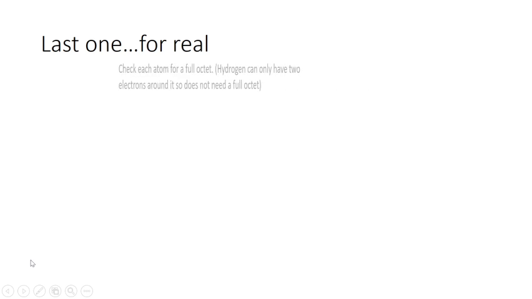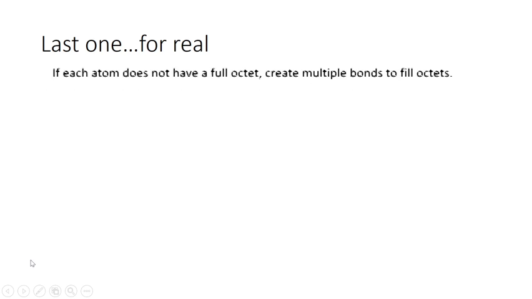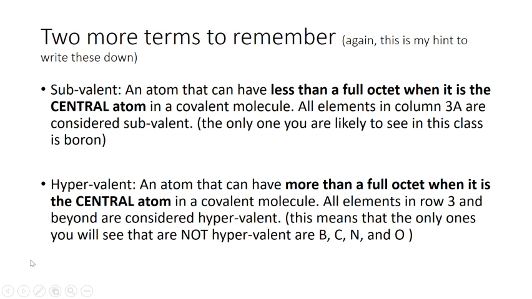Okay. So now, before we're done, I have 2 more terms to remember. One is subvalent. Basically, all this means is that an atom can have less than a full octet when it is the center.